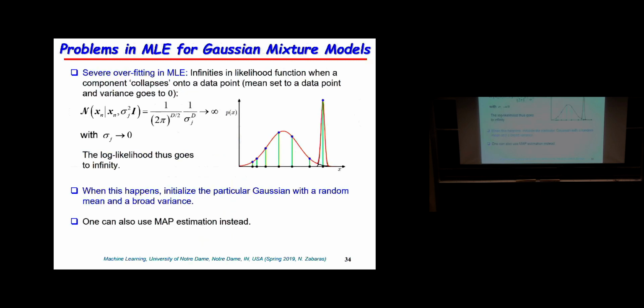We talked about the pathologies of MLE for Gaussian mixtures, and if you try to implement this in the homework, for example, you will come sooner or later to this pathology. One of them is the likelihood becoming infinity, and we explained that this happens when the center of one of the Gaussians coincides with one of the data points xn. In that case, when sigma goes to 0, this Gaussian goes to infinity.